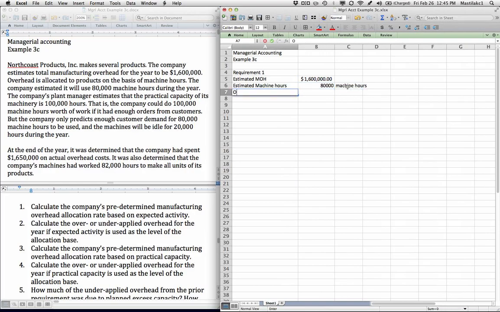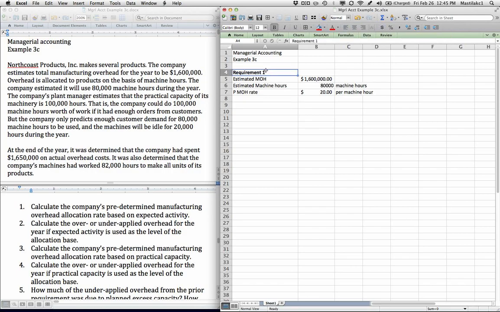And so our predetermined manufacturing overhead rate is going to be the $1.6 million divided by the 80,000 machine hours, and we get $20 per machine hour. All right, and this is what we've done the whole time we've been allocating overhead cost.